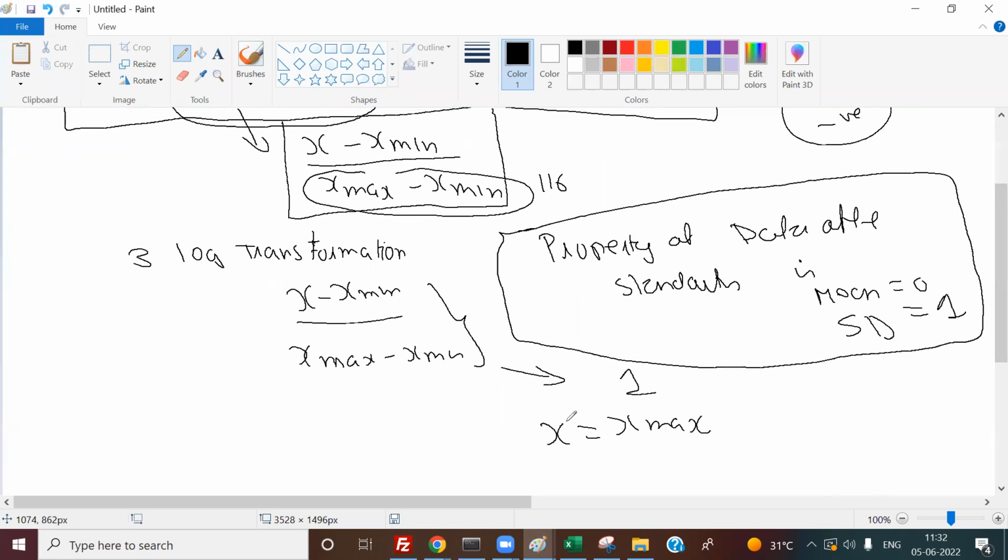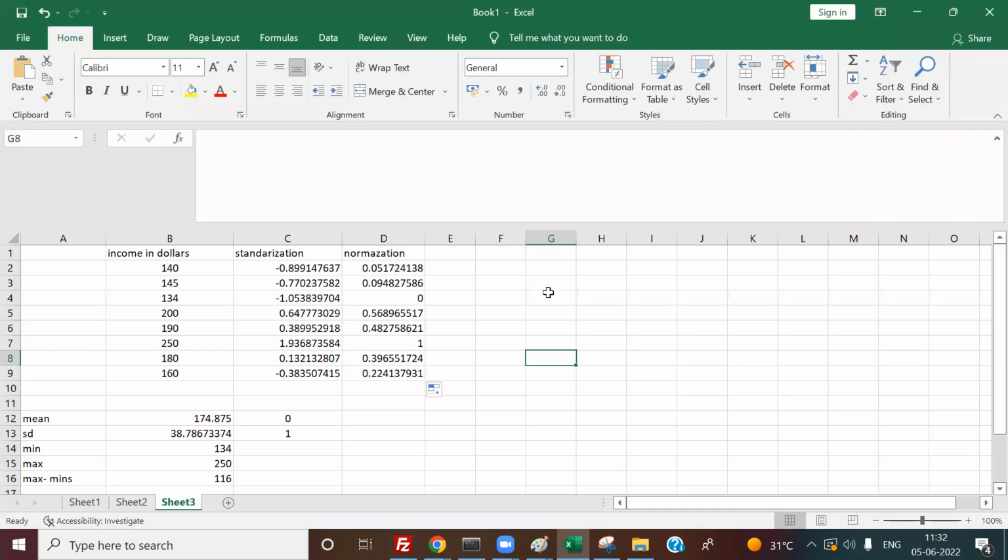It becomes 1 when x max and x are the same. And this will become 0 when x is equal to x min. You will see the same thing: it becomes 0 when it is the minimum, and it becomes 1 when it is the maximum.